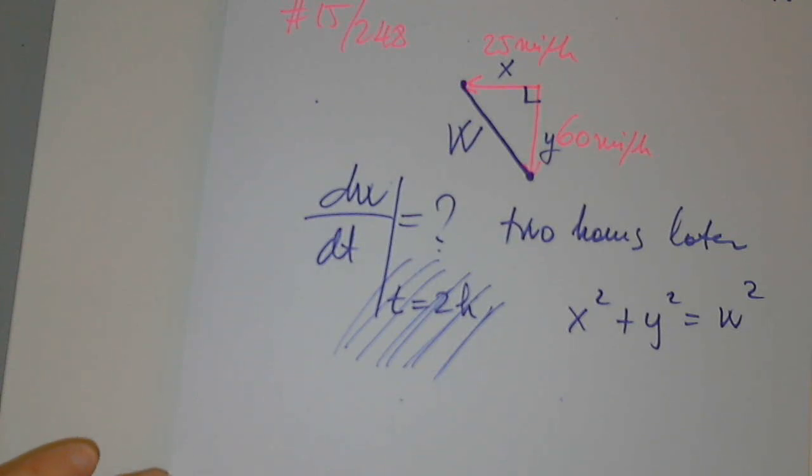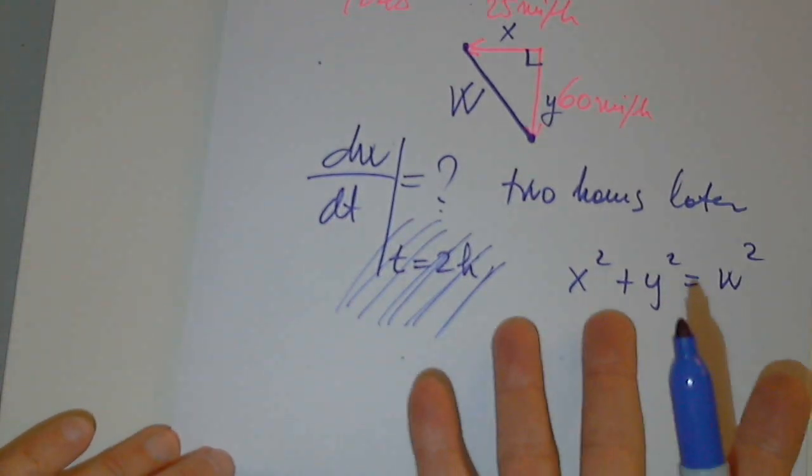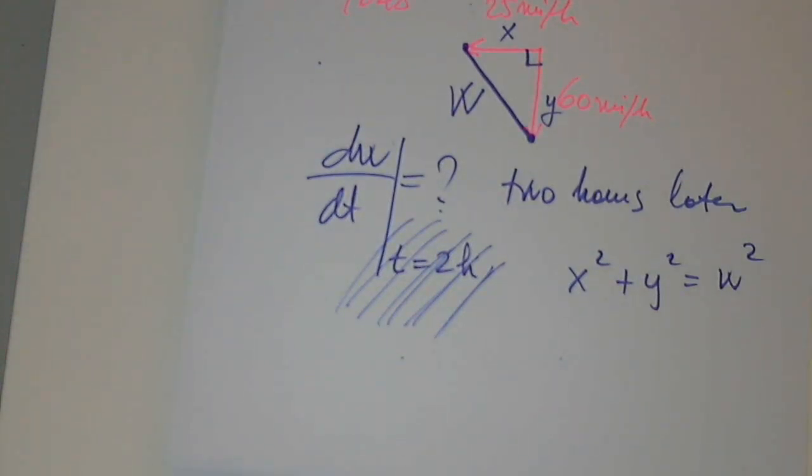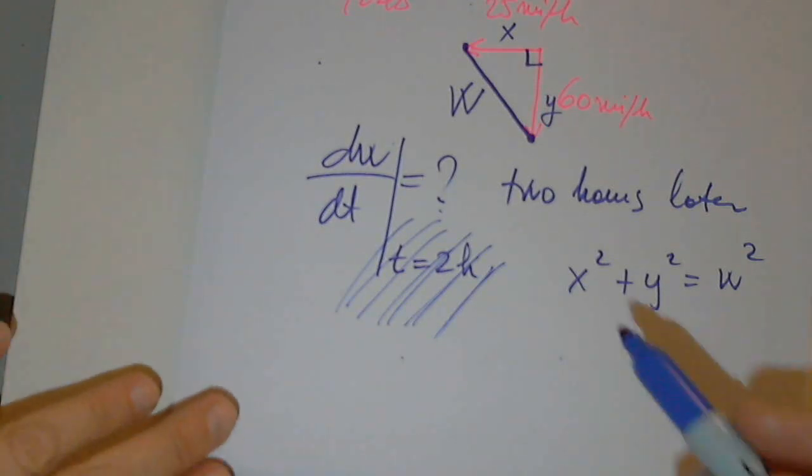Good. And I'll stop. I know I only have 1 minute. So all these three, x, y, and w, are functions of time. Correct. So let's just differentiate and we'll stop. Please differentiate.